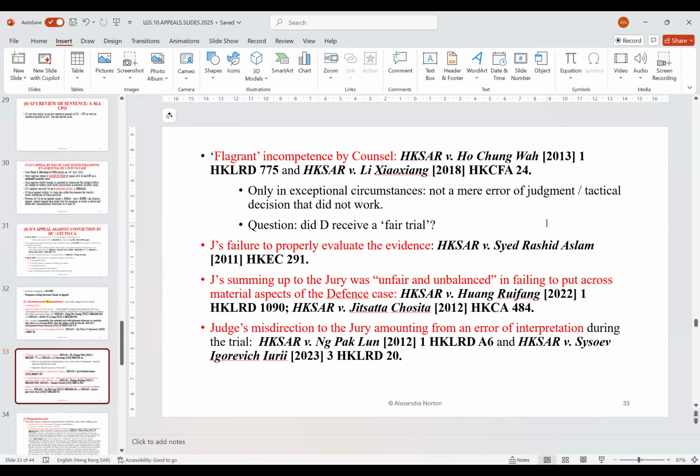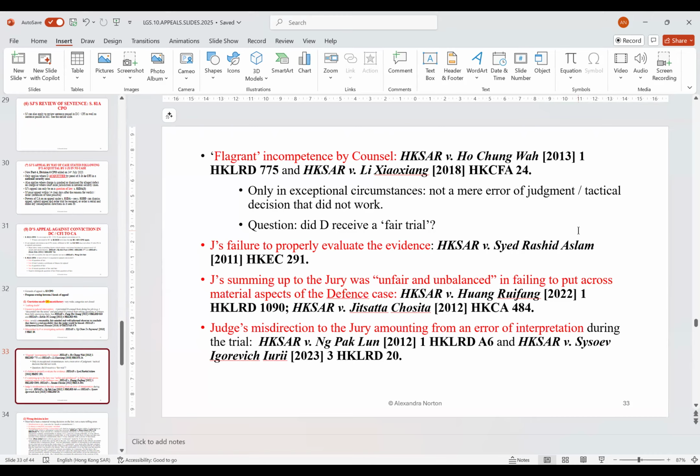You may be able to take several errors that counsel made and combine them together to demonstrate flagrant incompetence. But things like, for example, failing to put the defendant's clear record in the admitted facts, that's been held to be flagrant incompetence as well.